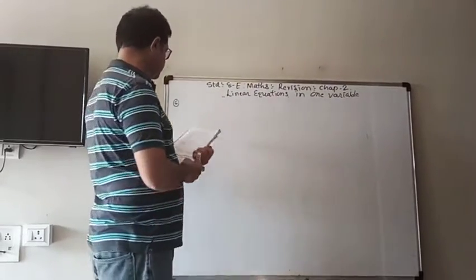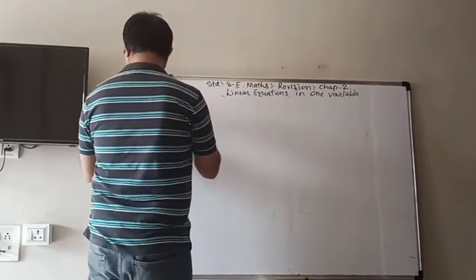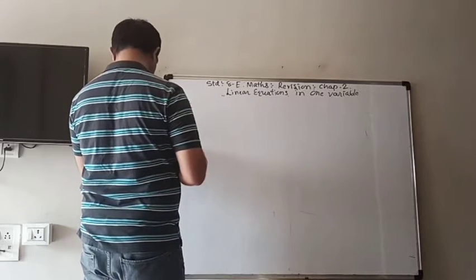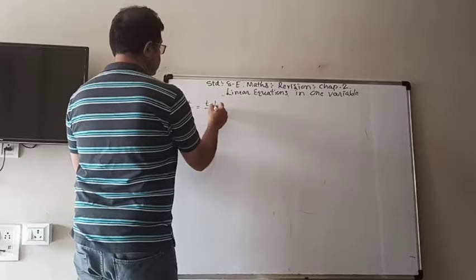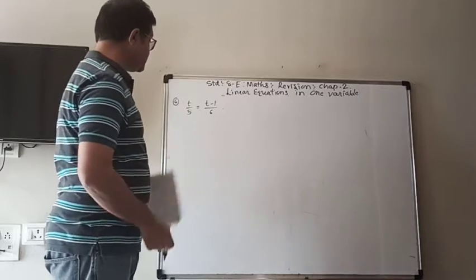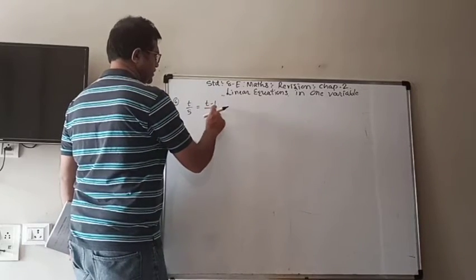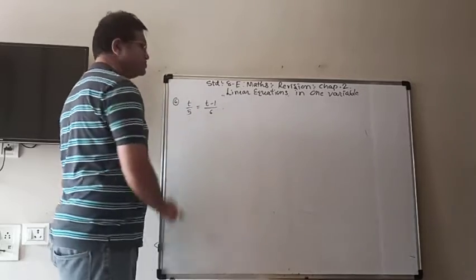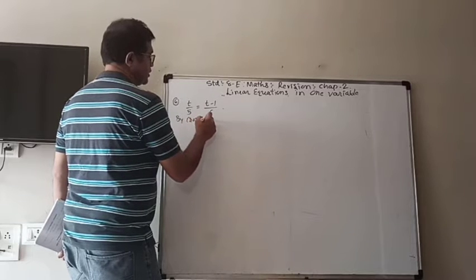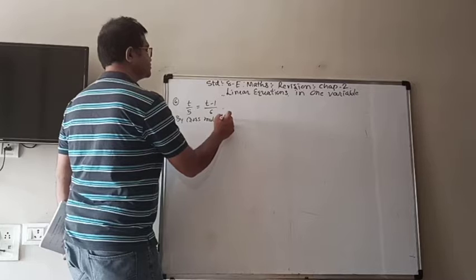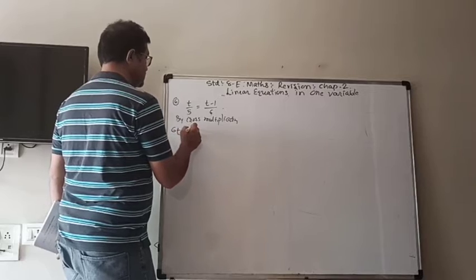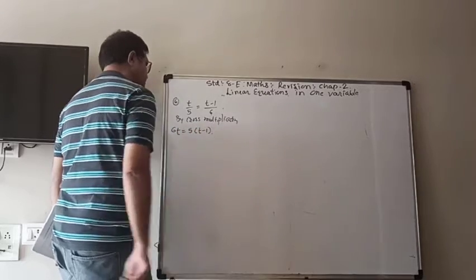Now the next one. t upon 5 is equal to t minus 1 upon 6. Because the whole term has the denominator, in this situation we can do the cross multiplication. So by cross multiplication, 6 multiplied by t is equal to 5 multiplied by t minus 1.